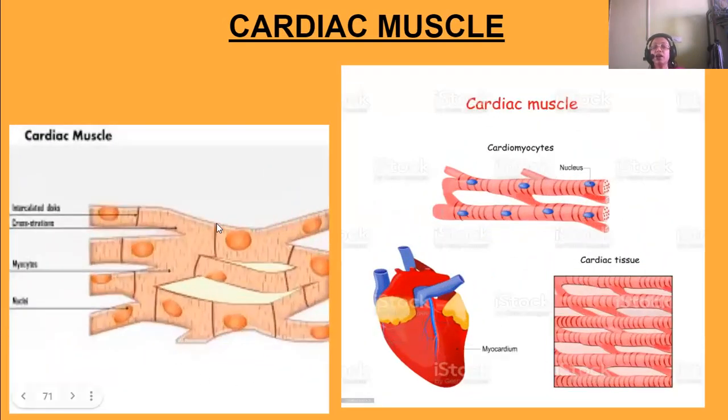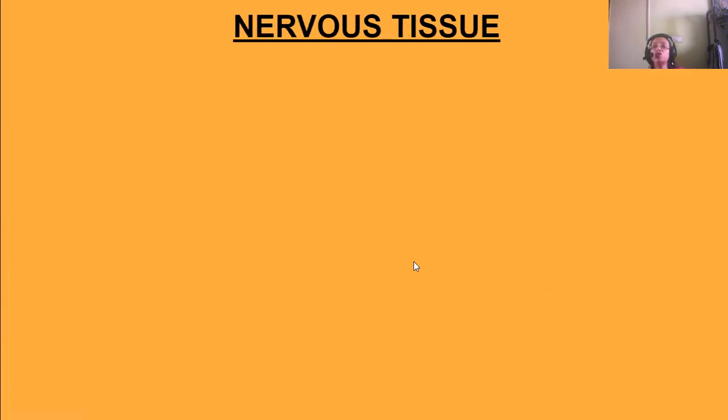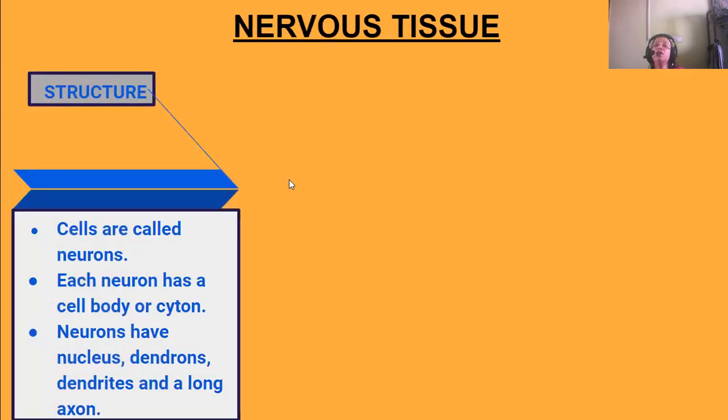So this is the cardiac muscle. You can see these are the branched type of muscles. These muscle cells are called cardiomyocytes, with lots of nuclei present in them. Okay, next we are coming to nervous tissue.